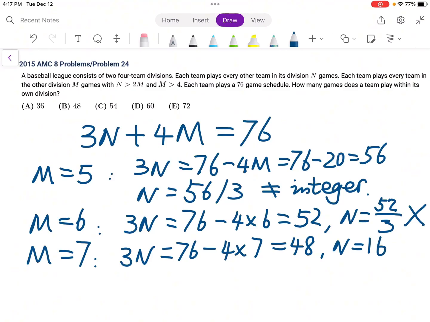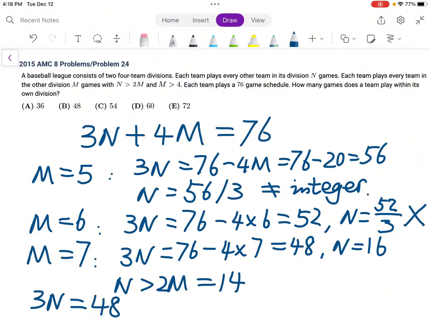And the problem says n should be larger than 2m, and 2m in this case is 14. n equals 16 is larger than 14, so this is a valid answer, and the total games a team plays within its own division is 3n, which equals 48 games. So the answer is B.